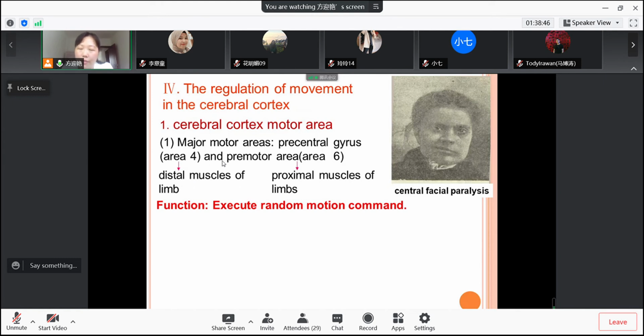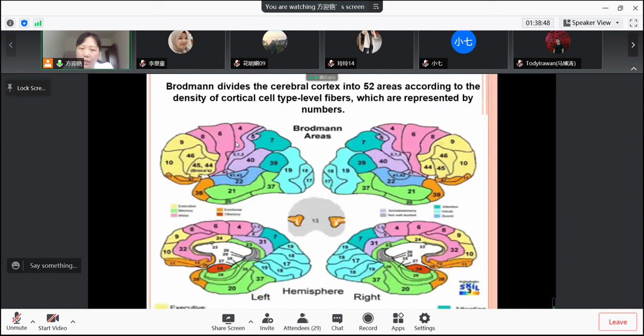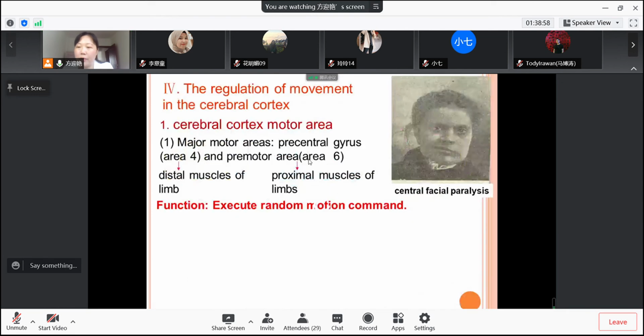Area 6 majorly innervates the proximal muscles of the limb.